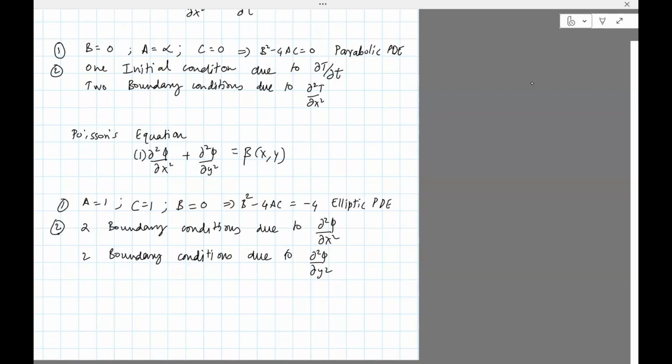Okay, one more, we'll look at one more equation. So the last one is the wave equation.